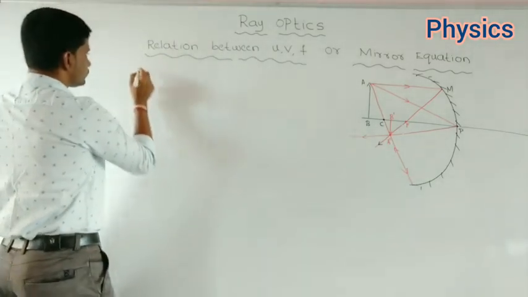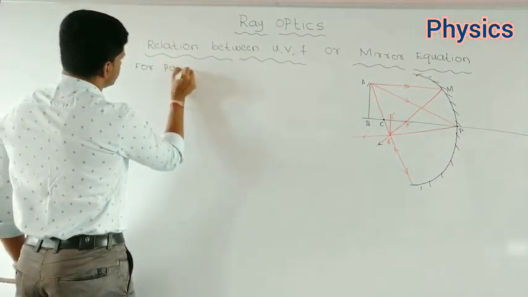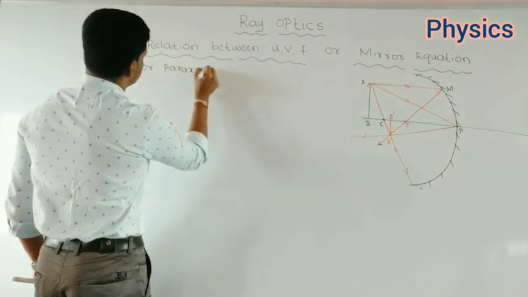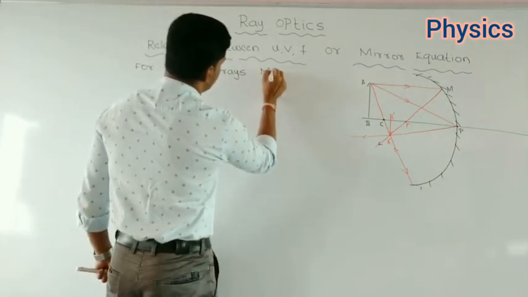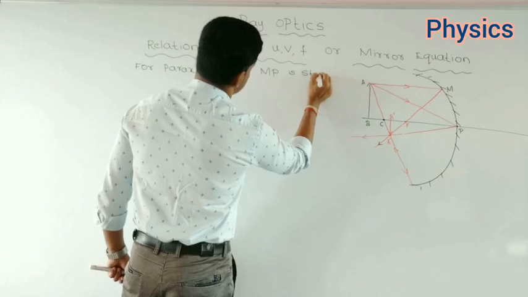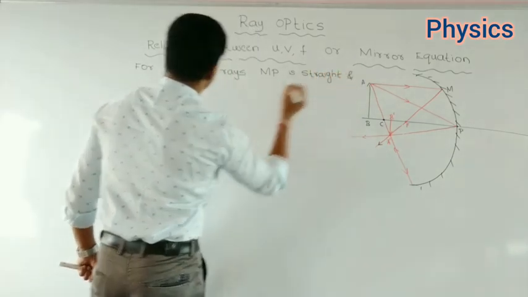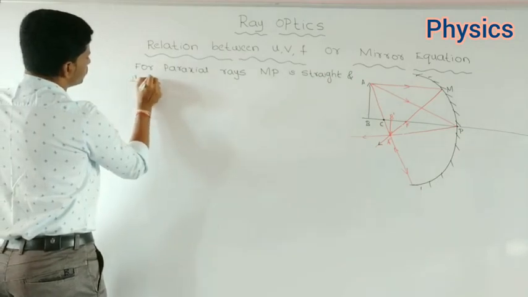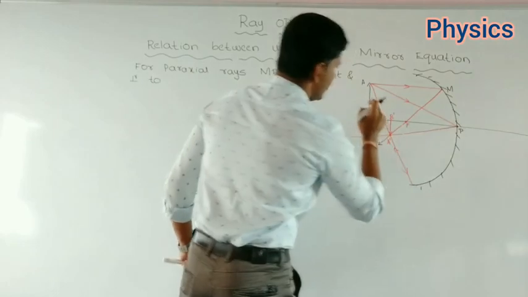So now we write: for paraxial rays, line MP is considered as straight, and also MP is perpendicular to PC.